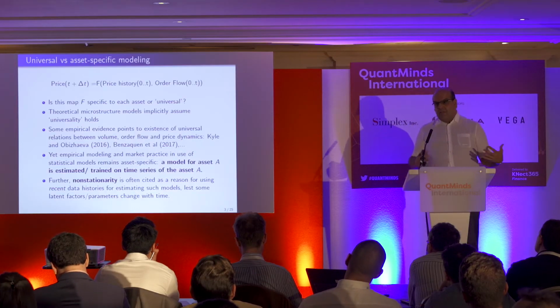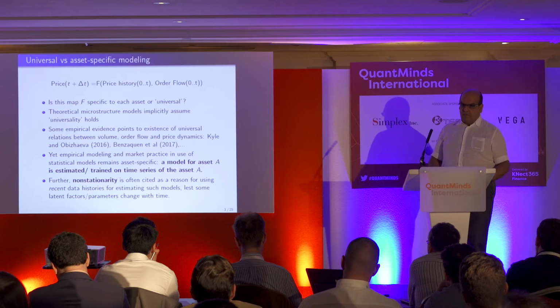It's not very clear, because if you look in the market structure literature, it doesn't build different models for different stocks. There is an abstract market structure model which is supposed to apply to everything. On the other hand, when practitioners build models for short-term prediction or trading or execution, they only use data from that particular stock. Nobody uses data history from stock A to build an execution or prediction model for stock B. They just don't do it. So it seems that while the theory assumes it's universal, people really don't believe that.